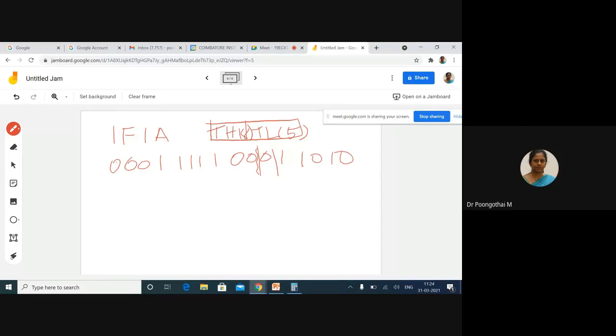And the next 8 bits alone you consider. Discard these 3 bits. Now your 16-bit value is converted into 13-bit. Is that clear? So only for a 13-bit timer, you calculate the 16-bit value and convert it into 13-bit by discarding the last 3 digits.